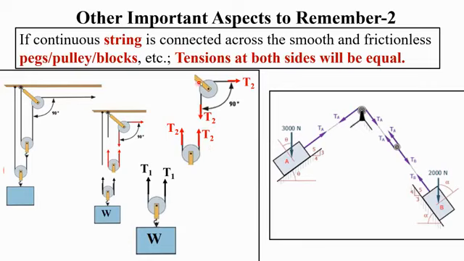Same case here also. This is TA, this is also TA. Here also this is TA, this is also TA. And this TB will be twice TA. However, it is not in the scope of this lesson.